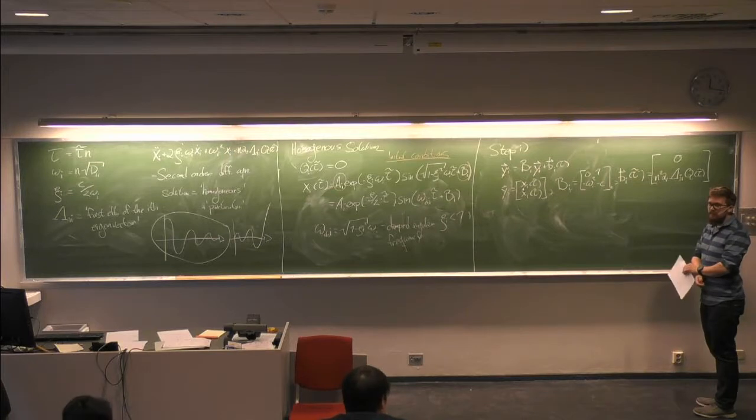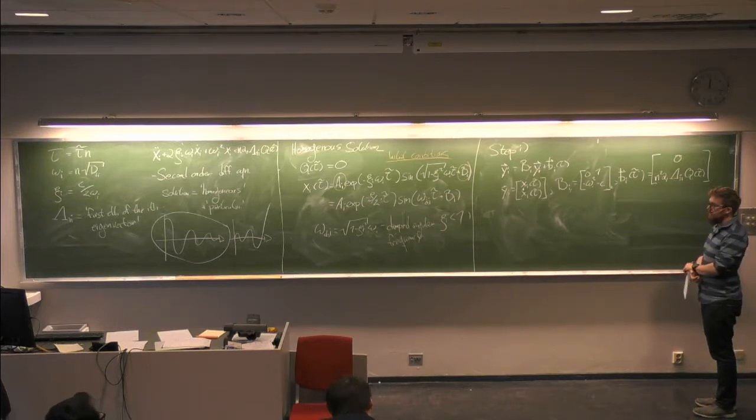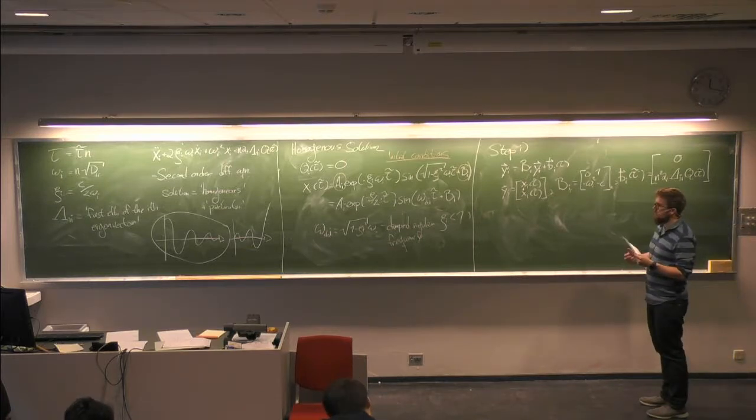So that's the same equation. It's only written as first order differential equations instead of one second order differential equation. So this is just a rewrite of the same equation.